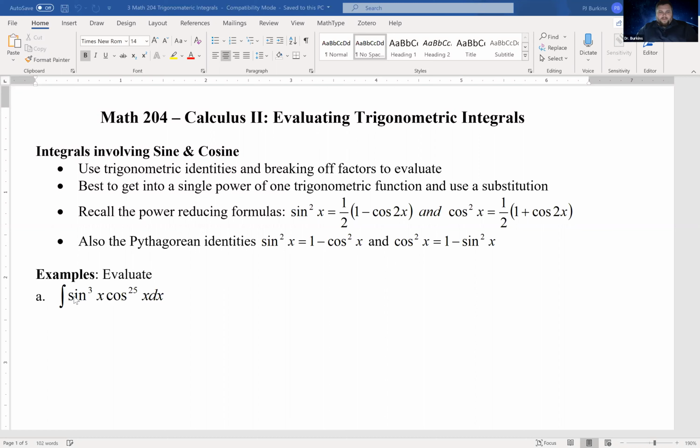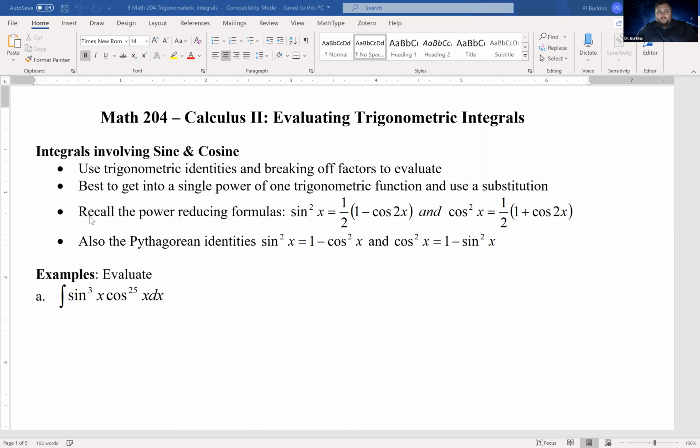For sines and cosines, we're going to need these two sets of formulas that are given here on these last two bullets. We need the Pythagorean identity, which just says that sine squared plus cosine squared equals 1. And it's just rearranged here to solve for sine squared and for cosine squared.